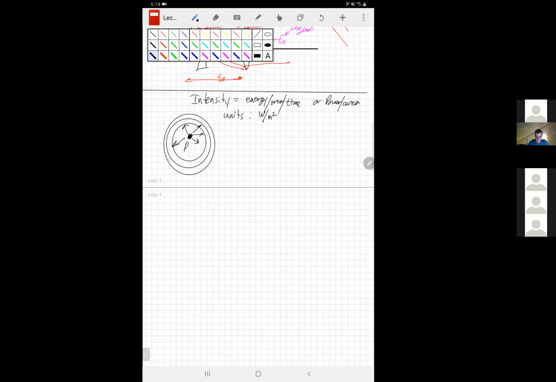The power going through each circle had better be the same. The intensity will be different because it's spreading out over larger and larger areas.